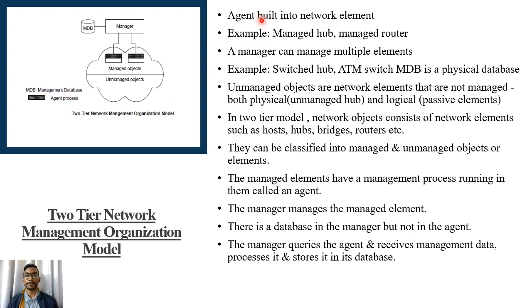The agent is built into the network element, as I told, and is connected to the managed objects and a manager. For example, a managed hub or managed router. A manager can manage multiple elements. Here a manager is connected to two managed objects, but it can be connected to many elements, for example a switched hub or ATM switch.